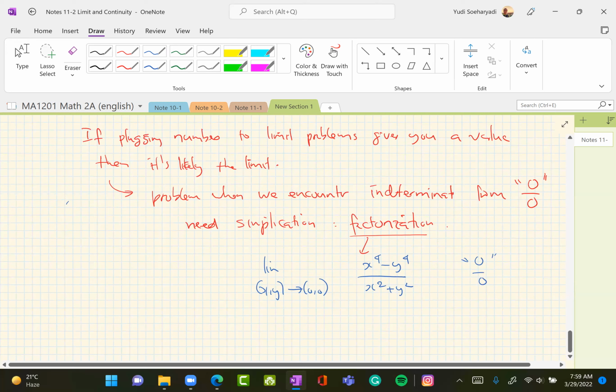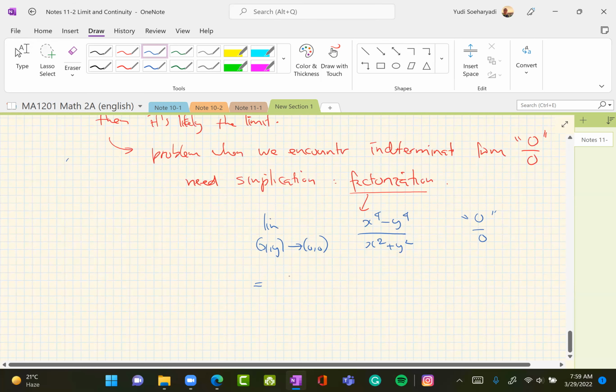But we can do some factorizations because here you have x squared plus y squared, plus y squared, right?